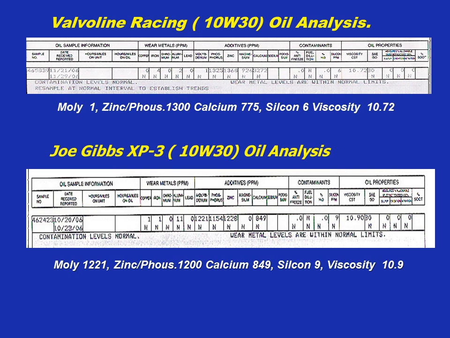Yet here we have a Valvoline racing oil, like we shared before. Valvoline has almost no moly, at about 1,300 on zinc, and yet we had Joe Gibbs, another 10 weight, 1030 oil, but they had 1,000 or more parts per million of moly. So it's all in what you're choosing. Know what it is. Don't buy the label. Educate yourself.